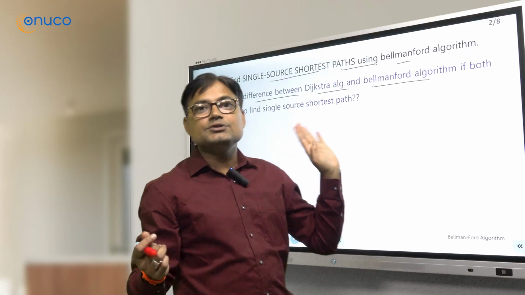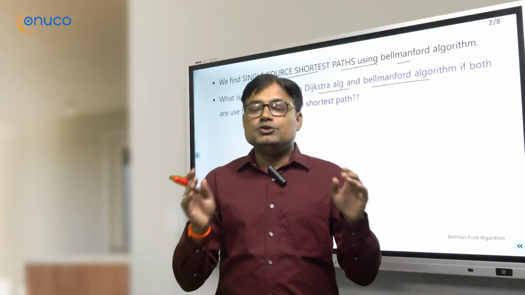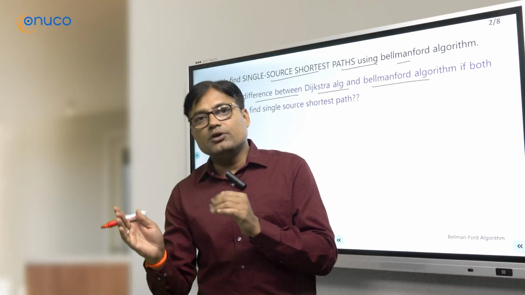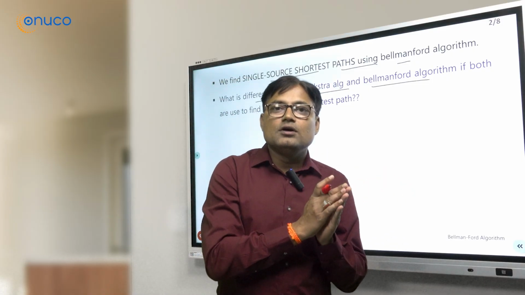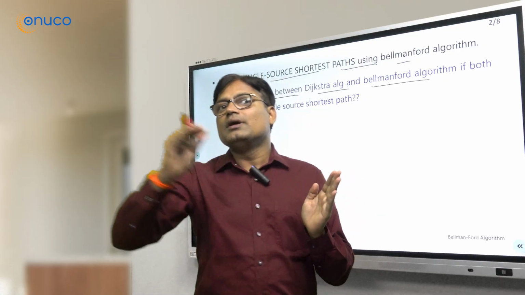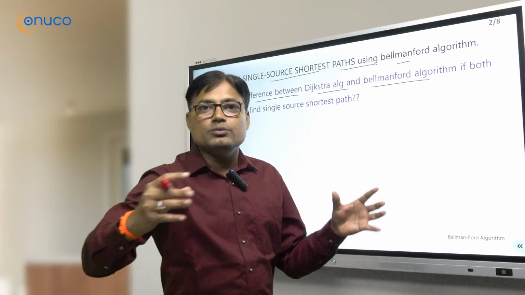Remember, in Dijkstra, since all the weights are positive, your distance is going to be positive. The sum of the distance from city 1 or source to destinations are all going to be positive.